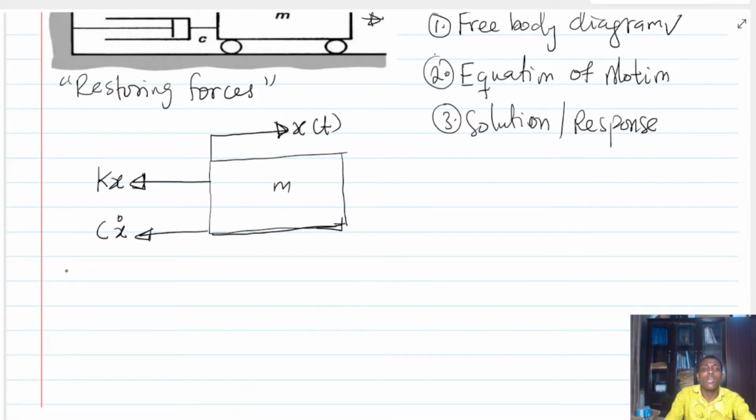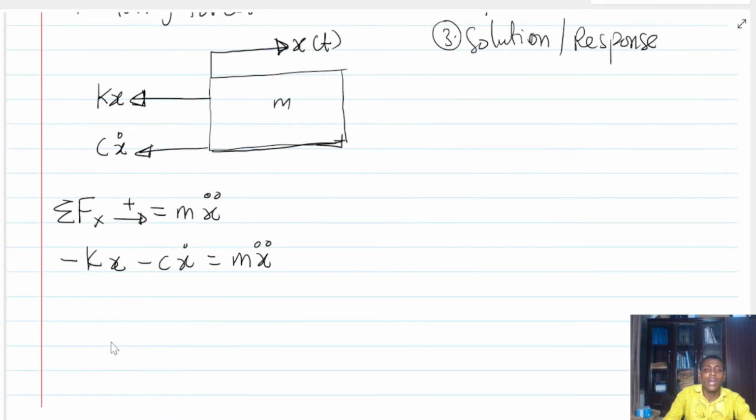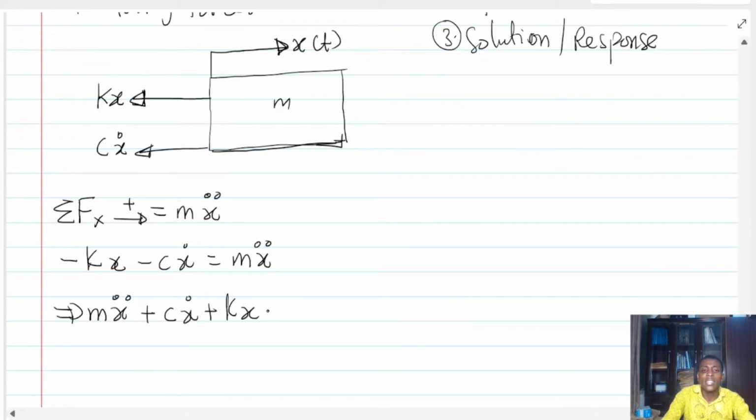Now, from Newton's second law, I have the summation of forces, positive in the direction of x, equal to mass times acceleration. So I have minus kx, where the minus is coming from the fact that it is opposite to the positive direction, and minus c x dot, should be equal to m x double dot. So m x double dot plus c x dot plus kx is equal to 0.